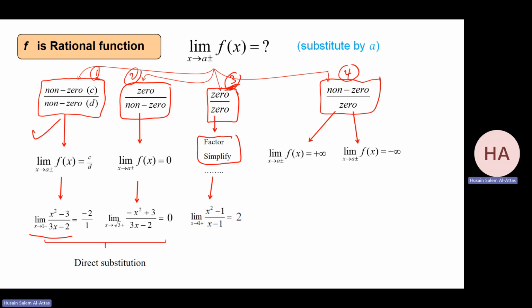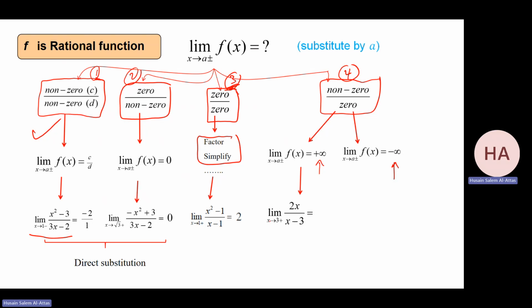For this case, as x goes to a from right or from left, it will be either infinity or minus infinity. Like in this case, if it goes to 3 from the right, you'll notice it's a non-zero over 0, so it's an infinity category.